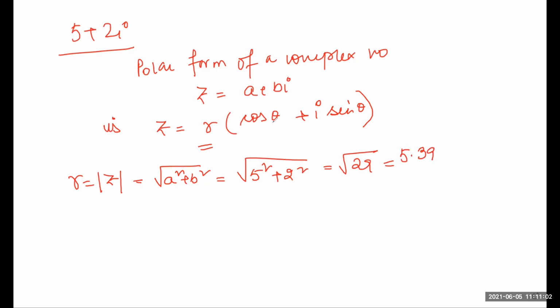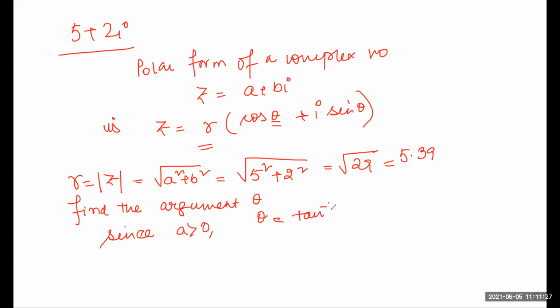Now you have to find this theta, the argument theta. You will require this every time. Since a is greater than 0, we can use the formula theta equals tan inverse b by a.